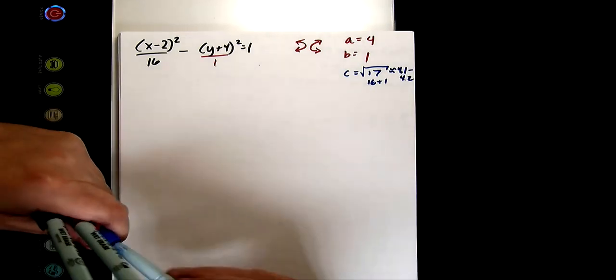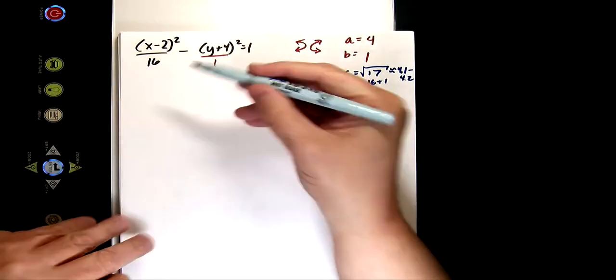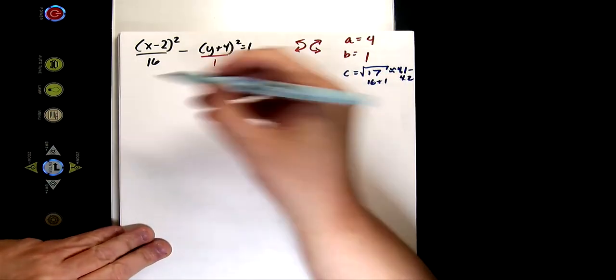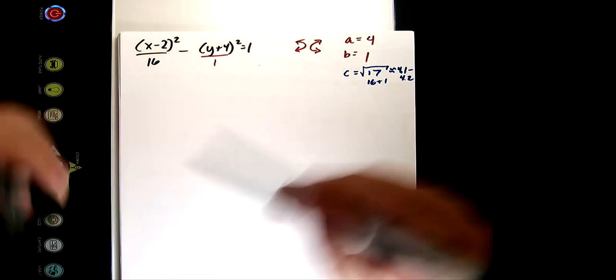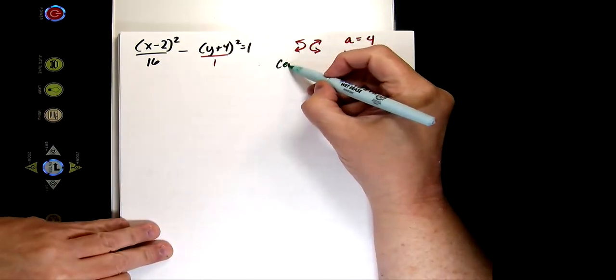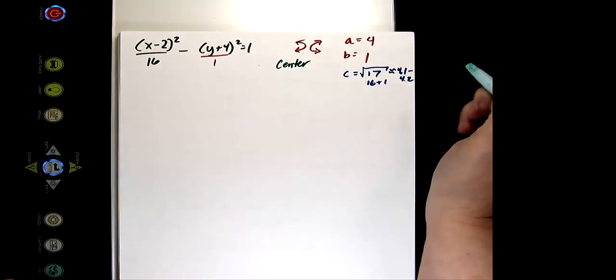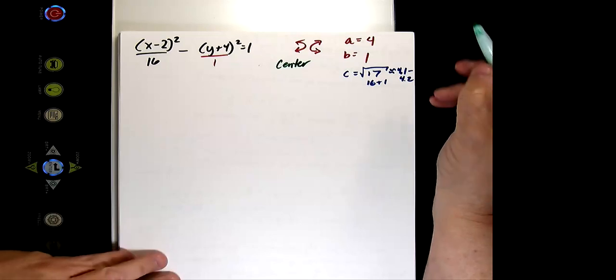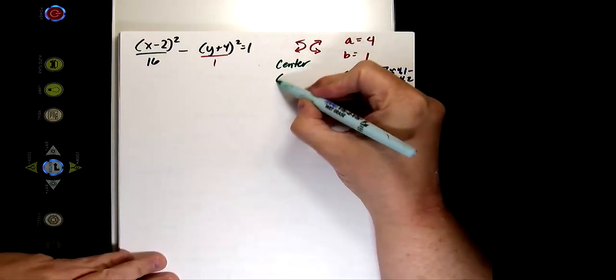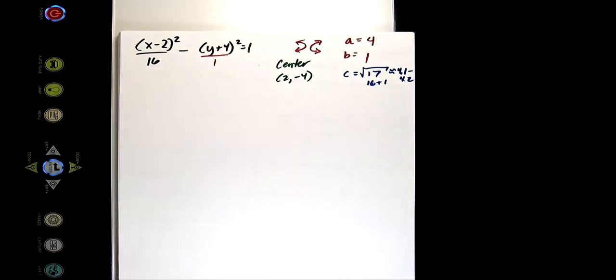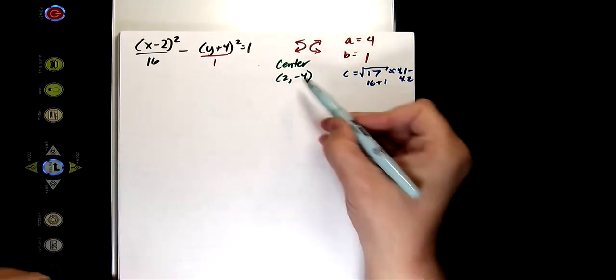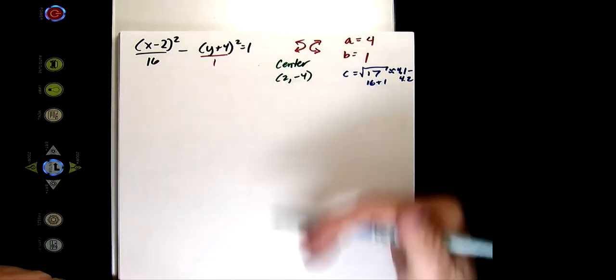All right, so where is my center? (2, -4). Excellent. So I know a lot of my work is in the right and bottom quadrant.